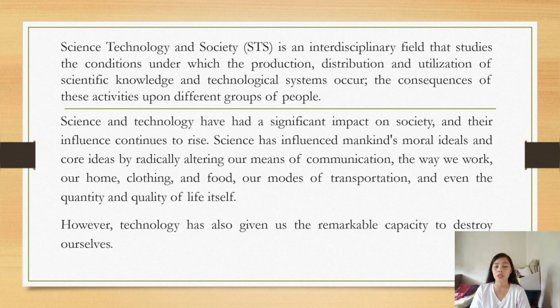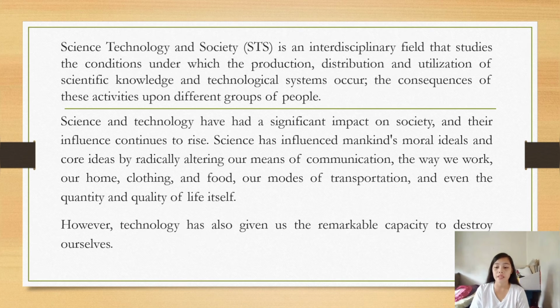Science, technology, and society is an interdisciplinary field that studies the conditions under which the production, distribution, and utilization of scientific knowledge and technological systems occur, and the consequences of these activities upon different groups of people. Science and technology have had a significant impact on society, and their influence continues to rise.